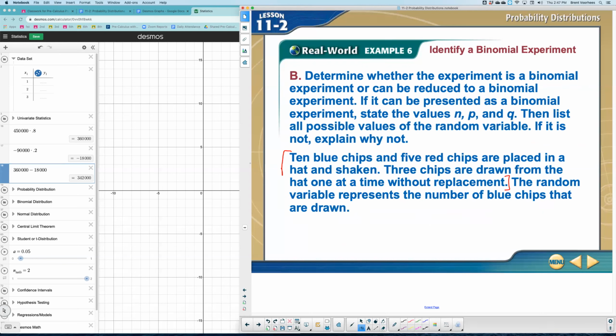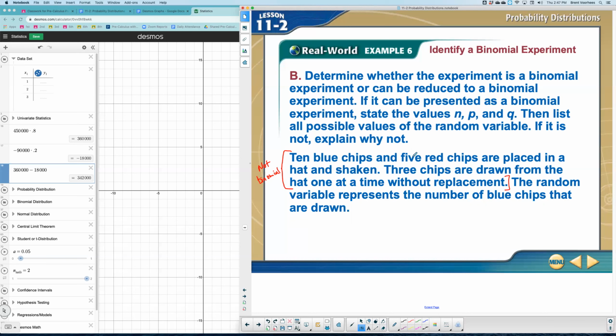Let me extend this down right there. This is not binomial. You might be thinking, why is it not binomial? Well, because the first time, the odds of drawing a red is 1 out of 3, because there's 15, so 1 out of 3, or 5 out of 15. But let's just say you took out a red, then the probability the next time would be 4 out of 14.